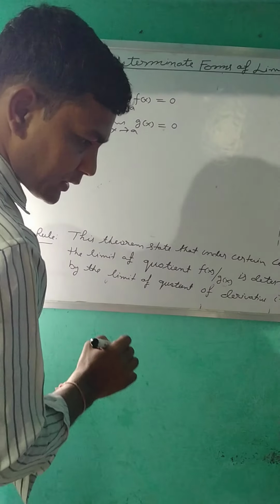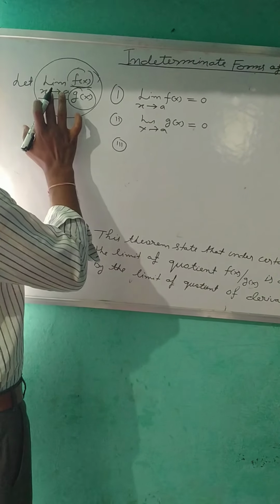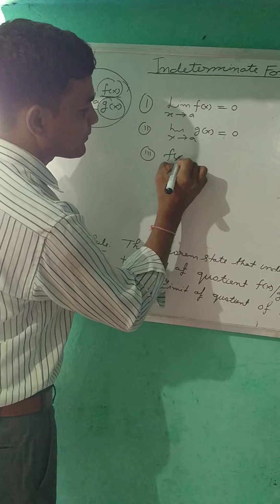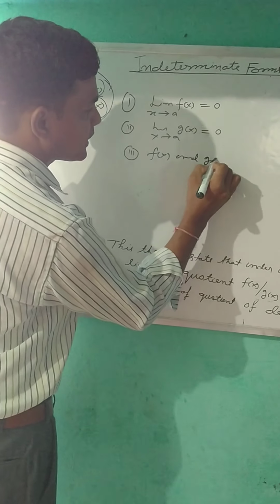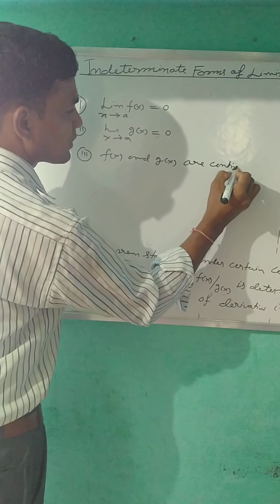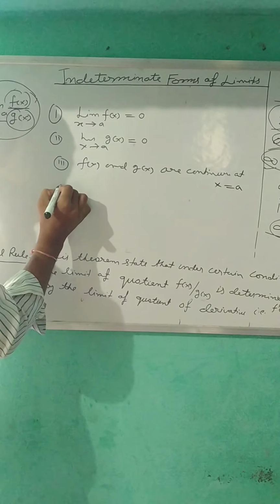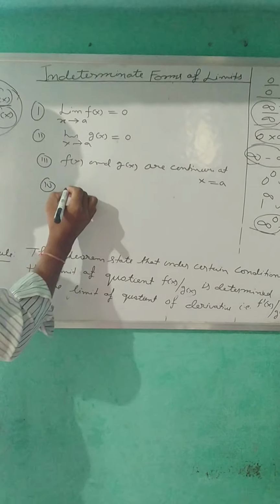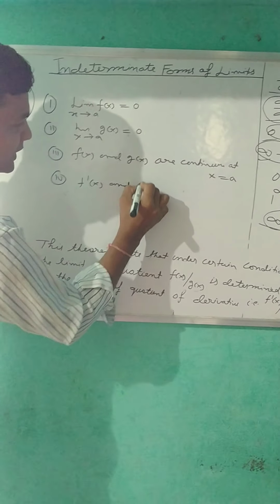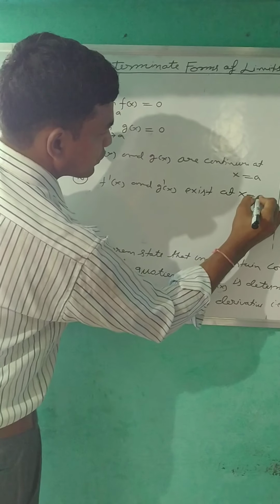Third, both functions f(x) and g(x) are continuous at x equal to a. And the fourth condition of L'Hopital's rule is that f'(x) and g'(x) exist at x equal to a.